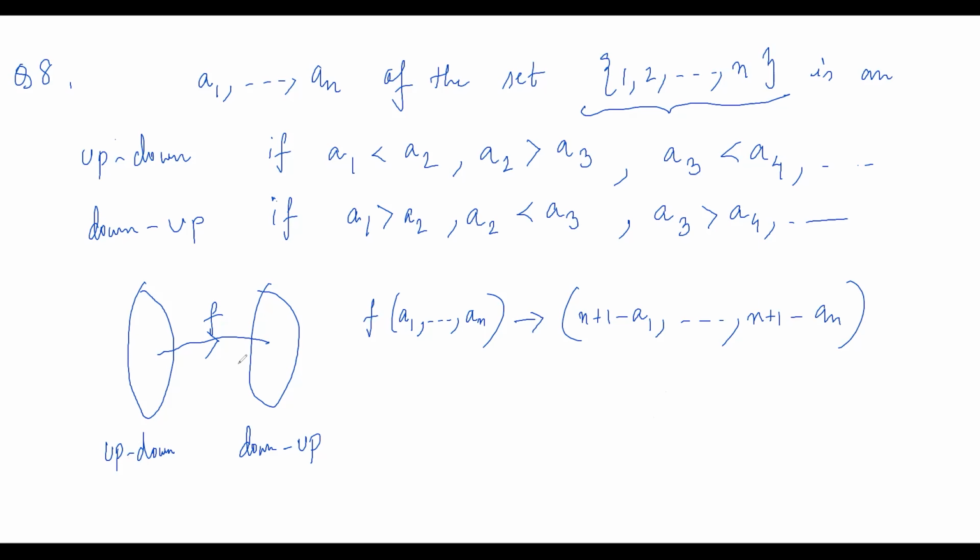And since they are finite, having finite cardinalities, one-to-one also implies that it's onto, and so these two cardinalities are the same.